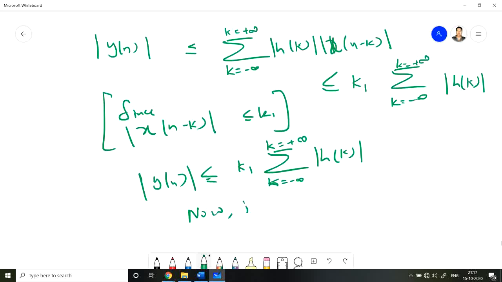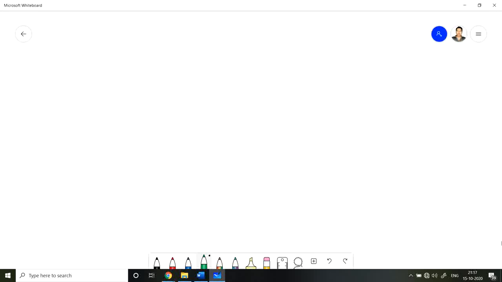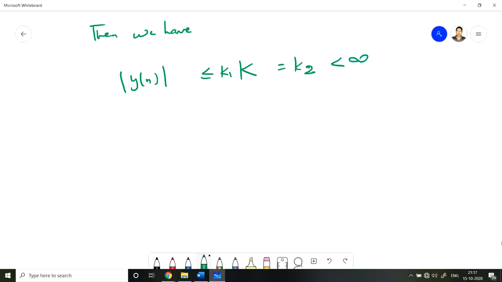Now if the impulse response is summable, that is, the summation k equals minus infinity to plus infinity of modulus of h[k] is equal to k, which is less than infinity, then we have the modulus of y[n] less than or equal to k1 multiplied by k, that is equal to k2, and it is bounded.